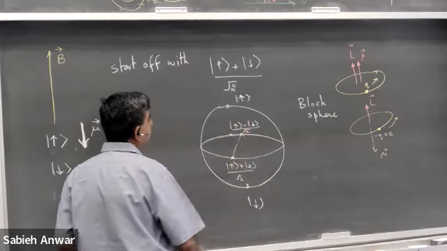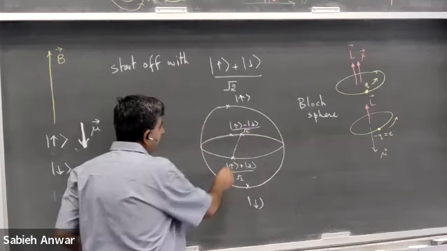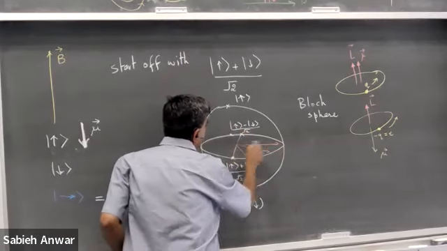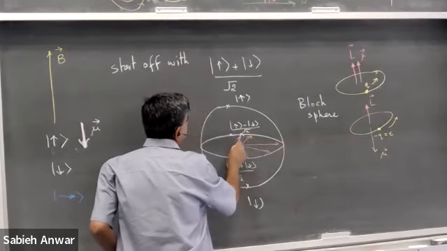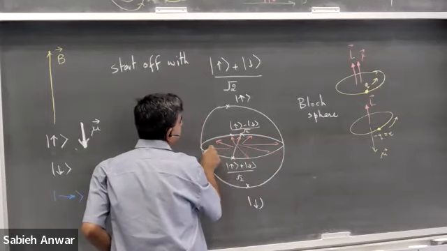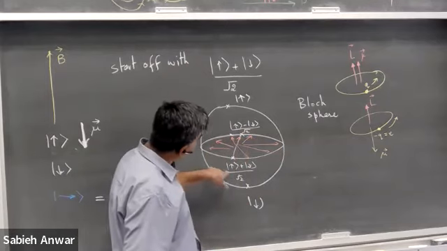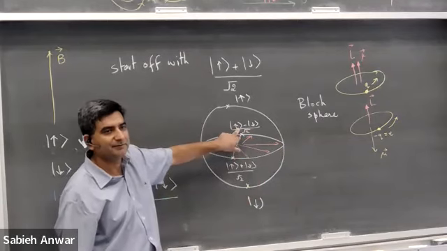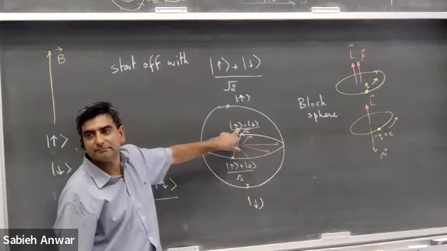So what happens in this case is that if a magnetic field is pointing up, this vector is going to precess in the equatorial plane. And it's going to change. It's going to oscillate between this state and this state continuously.